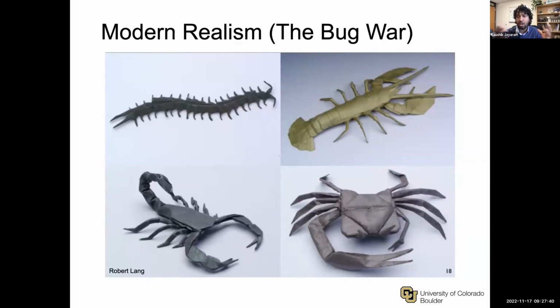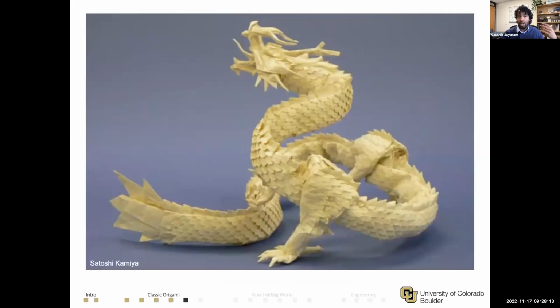And a lot of this work got spurred in the 90s when people started making these insect-inspired or arthropod-inspired designs, and the community just expanded because of how complex and realistic some of these things looked. In the origami community, they refer to the period from the 90s on as the bug wars period, where a number of groups started getting involved, and there's some progress even in terms of computational modeling and so on and so forth.